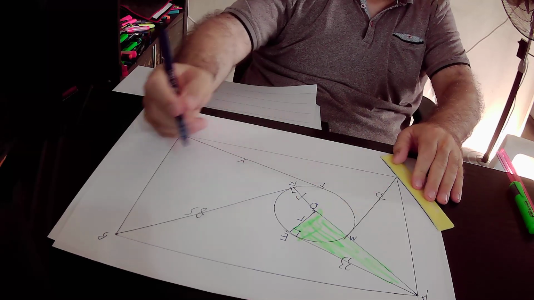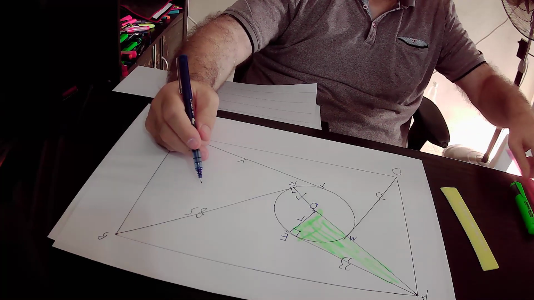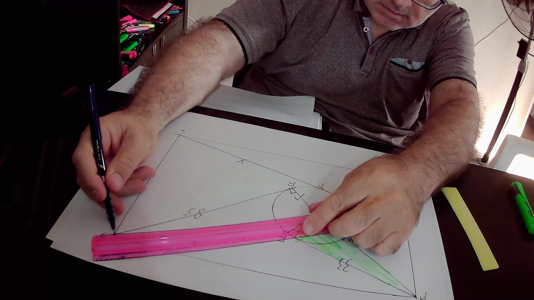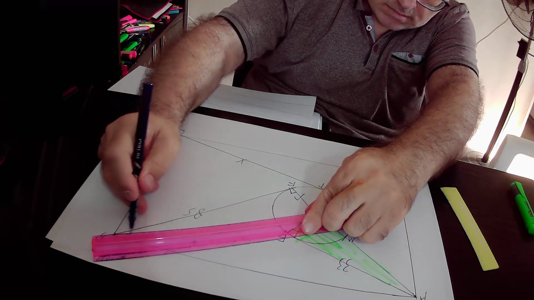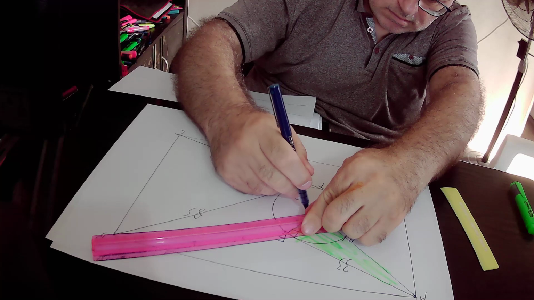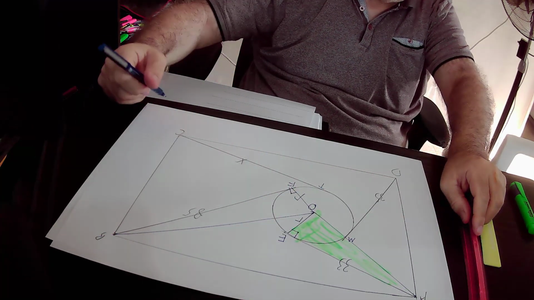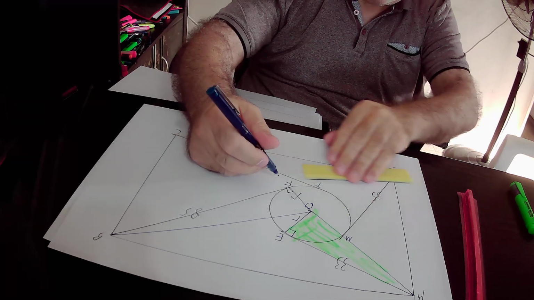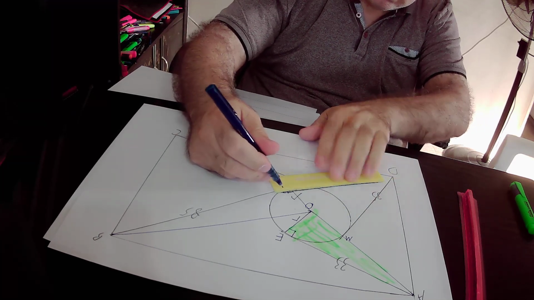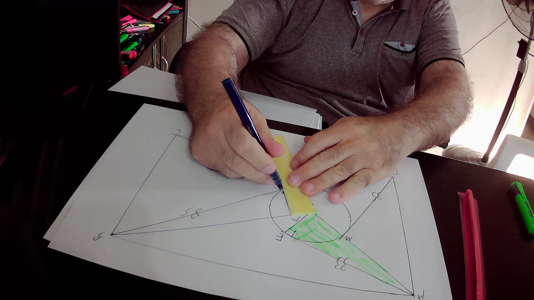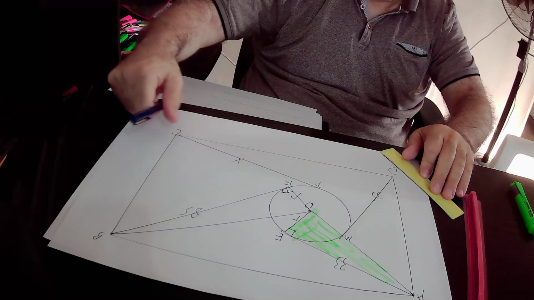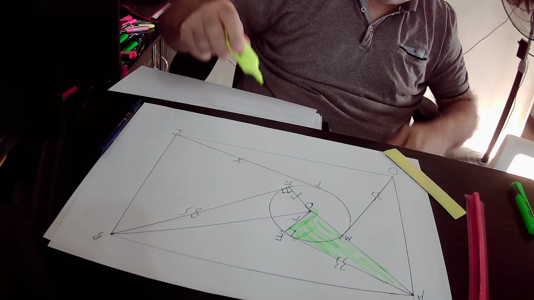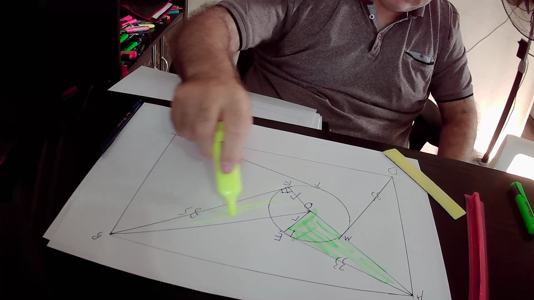In the next step, we join points B and O together by a straight line. And we will implement the Pythagoras theorem on the right yellow triangle BOF.